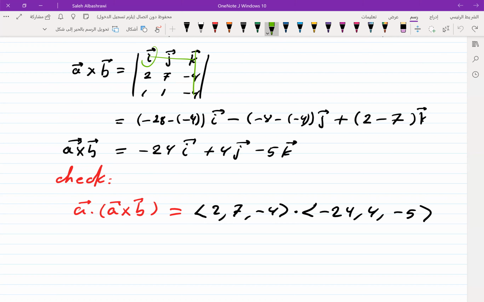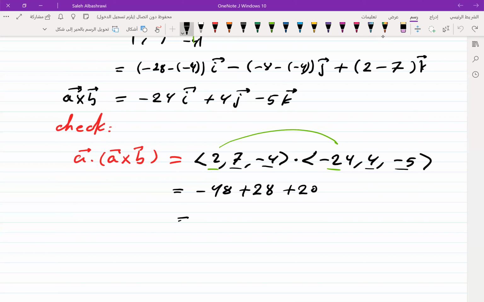By the dot product, we multiply the first with the first: 2 times minus 24 equals minus 48. Then 7 times 4 is plus 28. Minus 4 times minus 5 is plus 20, which is equal to 0. So A is orthogonal to A cross B.